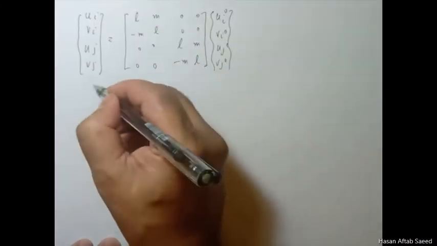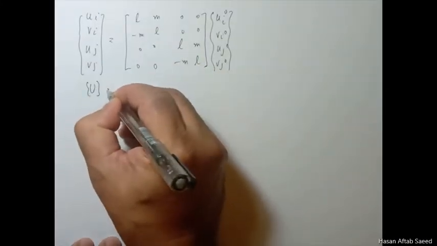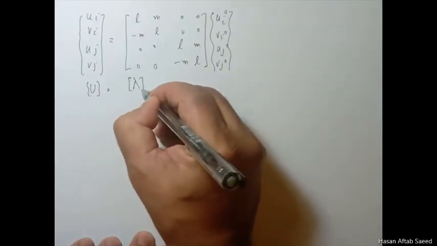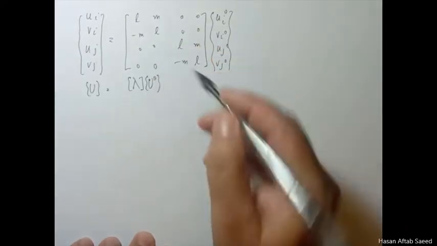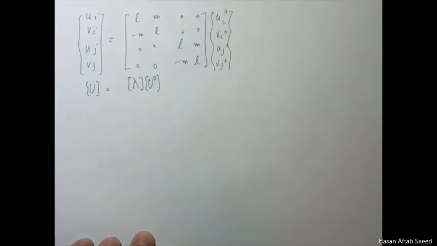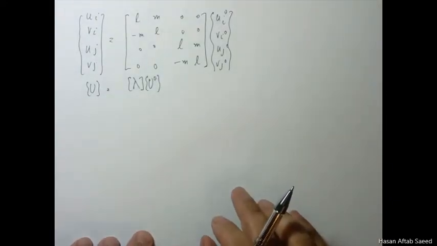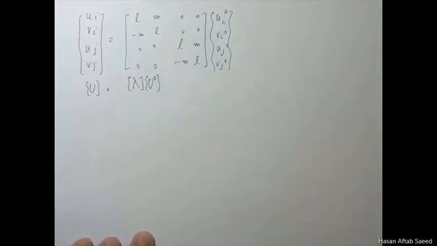Now let's call this U, symbolically U. Let's call this matrix lambda. Let's call this U naught. Again, this circle will signify that we are talking about the global system here.